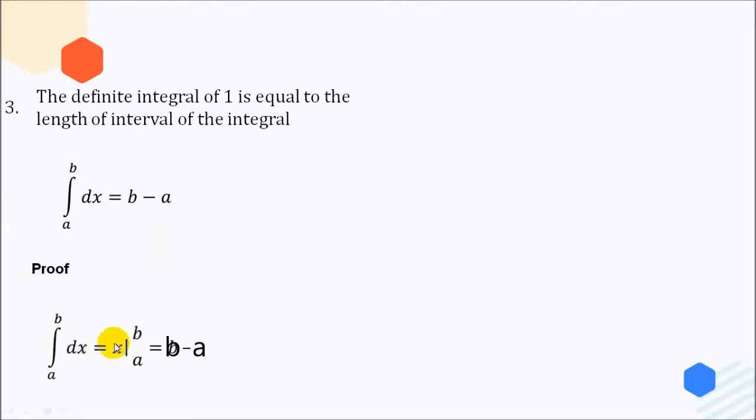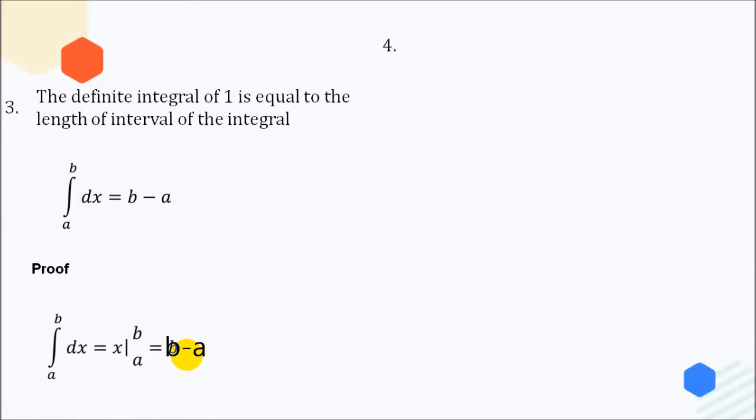Then we take the upper limit b and the lower limit a, so we substitute x with b, minus, by using the fundamental theorem of calculus, x substituted with a. So it means that we have b minus a as this property.